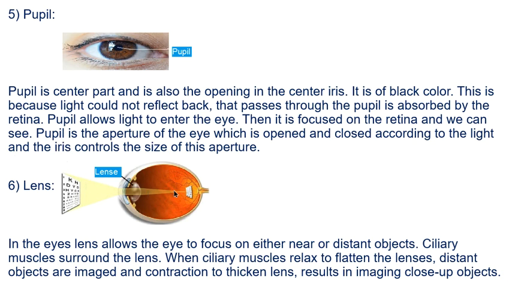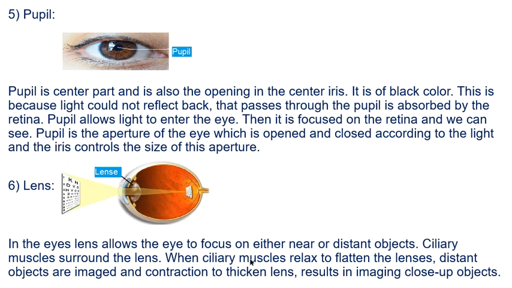Through the lenses it is passing and the image is forming on the retina and it is adjusted accordingly. If this object is placed far away, the lenses will be flattened and we can see the far objects, and if it is placed very close, the lenses will be thickened and we can see the near objects also.